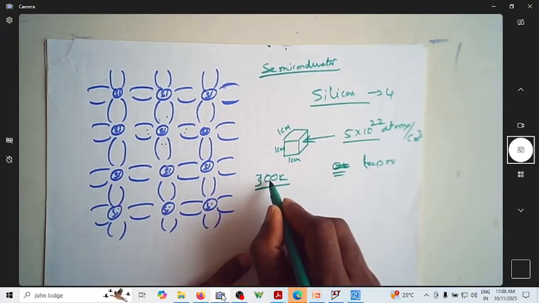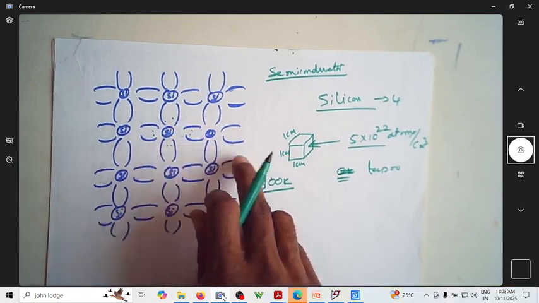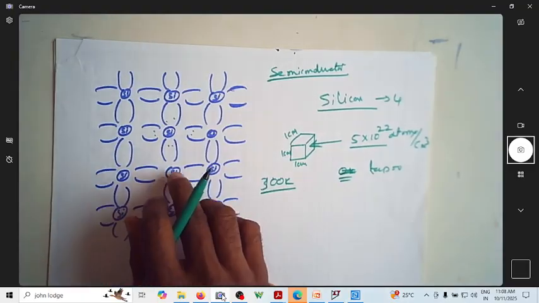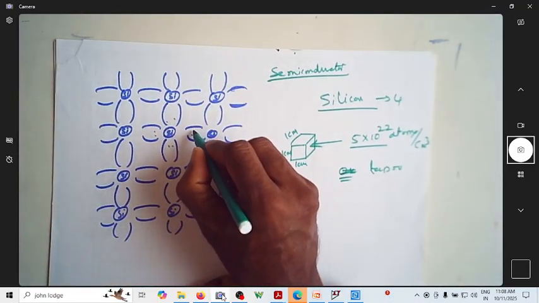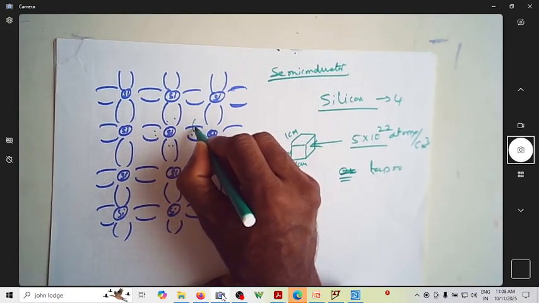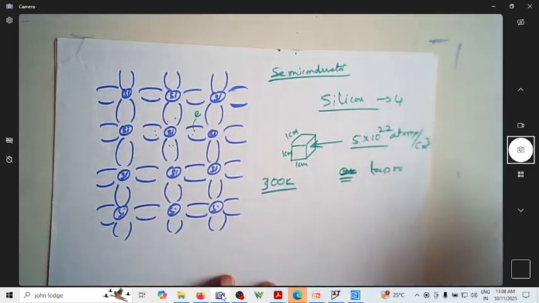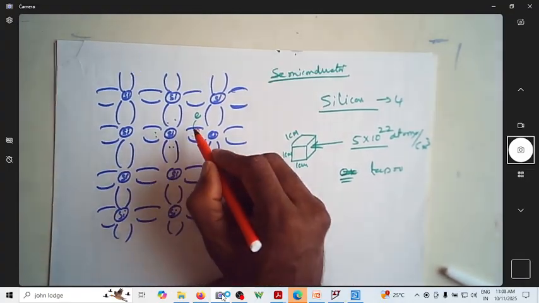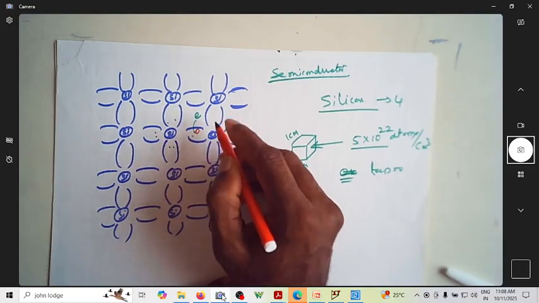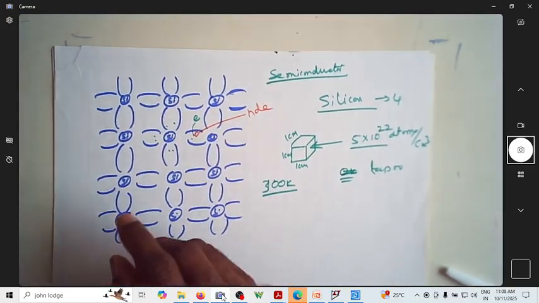But at 300 Kelvin, these electrons will be getting enough energy so that they come out of the covalent bond. Suppose this electron comes out of the covalent bond, which is E, which will create a vacancy of electron here. You can see this is a vacancy. When a vacancy is created, we call it a hole, which is nothing but a vacancy of electron.